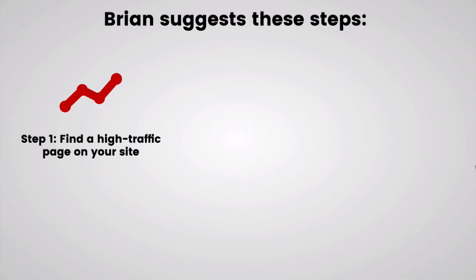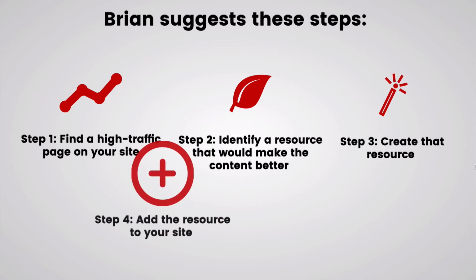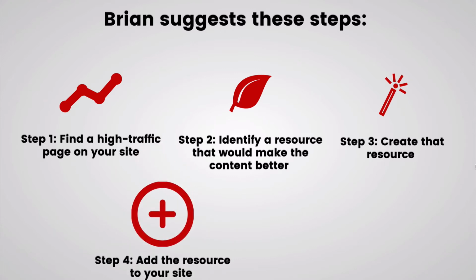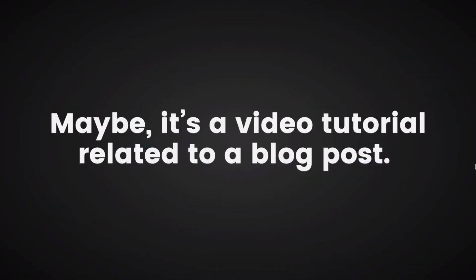Brian suggests these steps. Number 1, find a high traffic page on your website. Number 2, identify a resource that would make that content better. 3, create that resource. 4, add that resource to your website. And finally, get more email sign-ups. Okay.